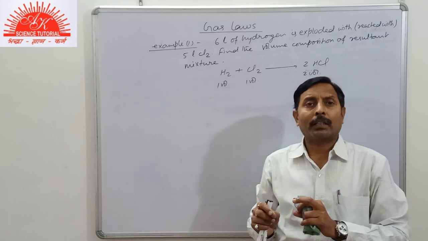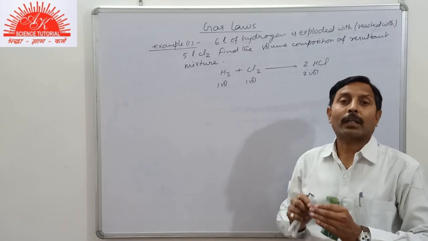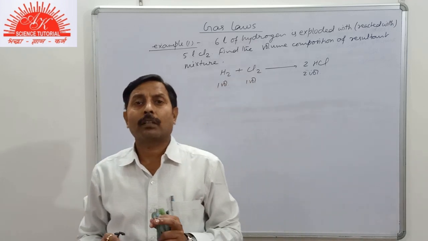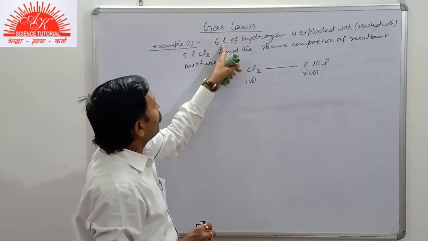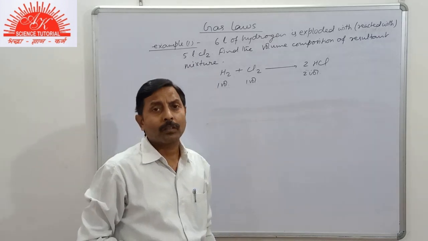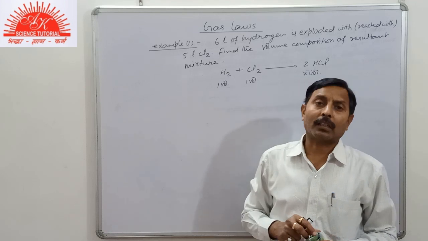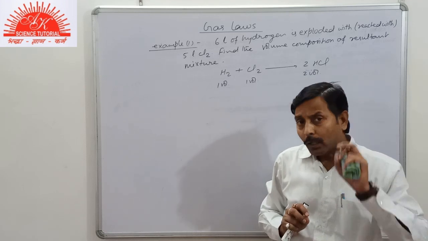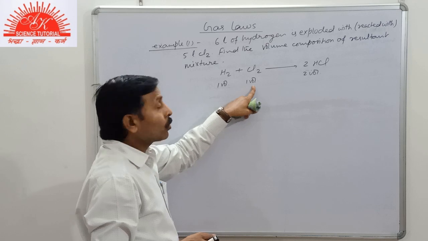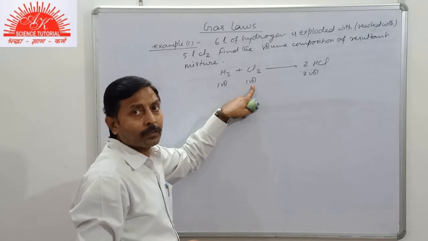You can use the unitary method or a simple ratio method. But in this question, the volumes of both the reactants are given. The question arises, with which volume should we start the calculation? Here it is one volume to one volume. So if we use 6 liters of hydrogen, then 6 liters of chlorine is required.